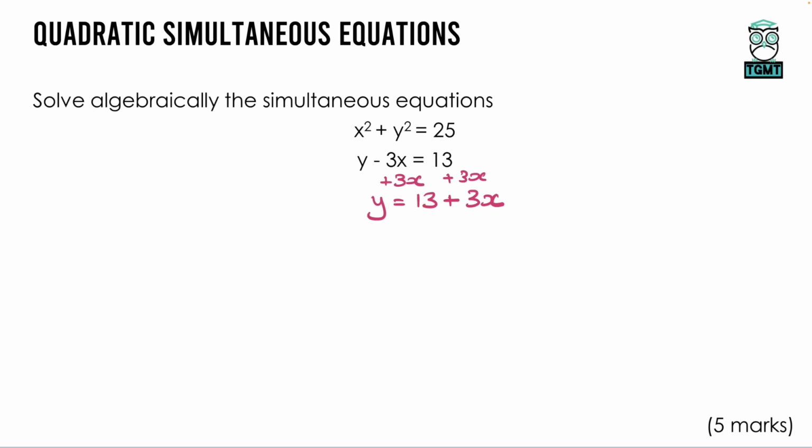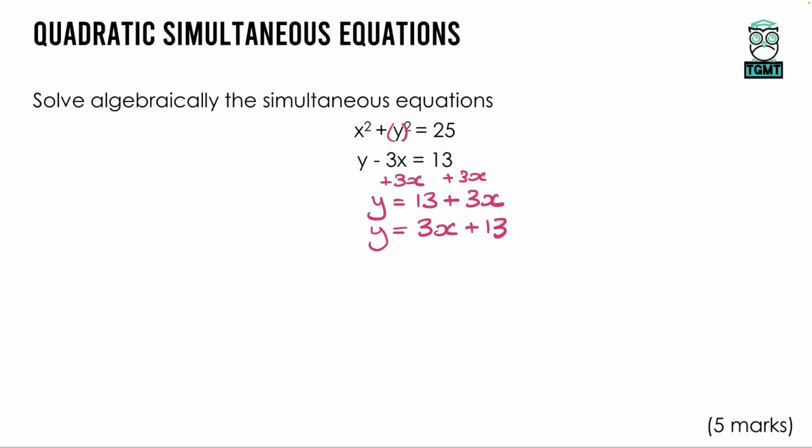Now normally when we are writing these expressions, that 3x piece tends to be at the start, so we can write that the other way around if you prefer. You certainly don't have to, but I'm just going to swap those around so it says 3x plus 13. Now I know what y is equal to as an expression, I can substitute that expression, the 3x plus 13, in place of the y up in that first equation.